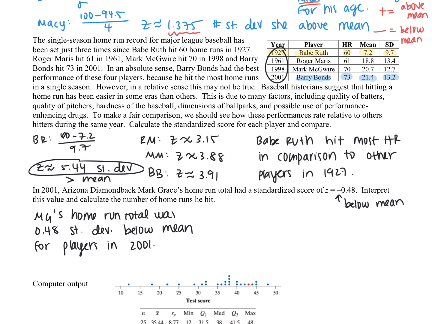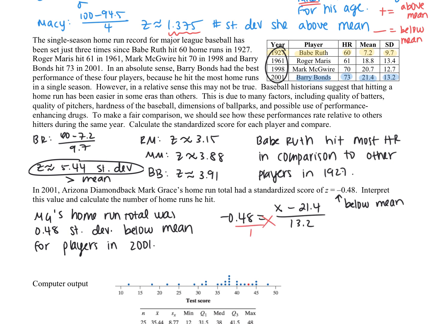So using our z-score formula, if we take that negative 0.48, that would be equal to his home runs, subtract the mean in 2001, which is 21.4, divided by the standard deviation. And this is what we're calculating. So that is what you're going to have to solve.